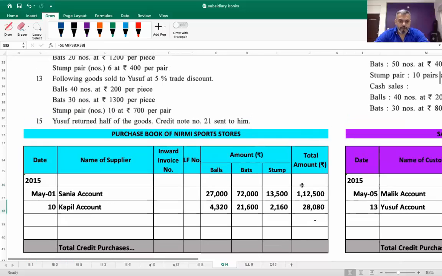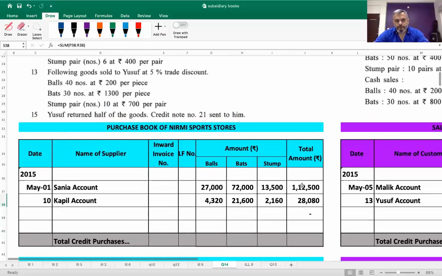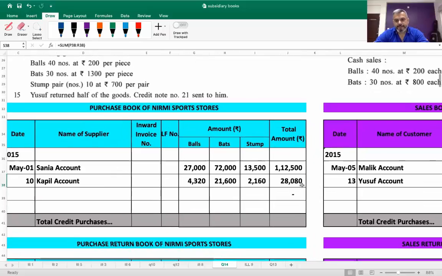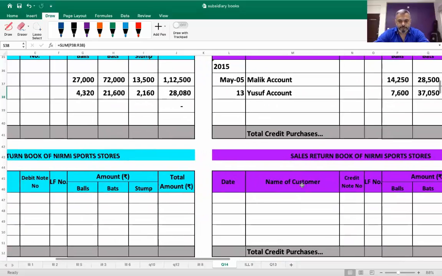Okay. Now 15. Yusuf returned half of the goods, credit note 21 sent to him. So directly May 15th sales return book.